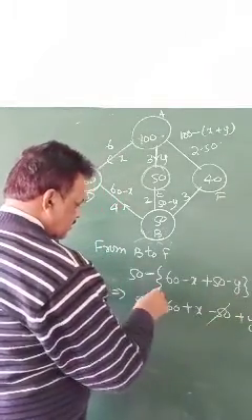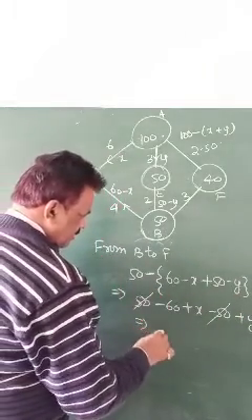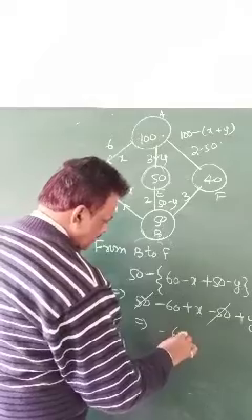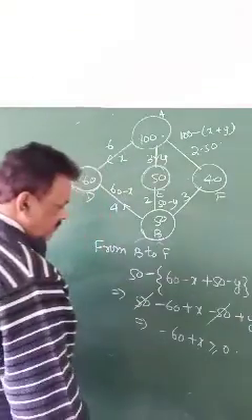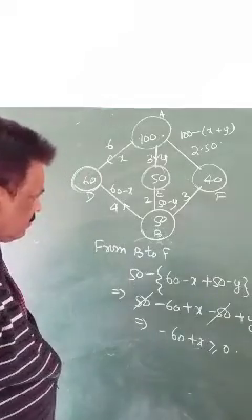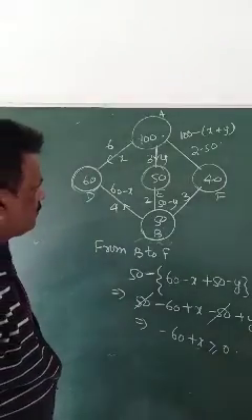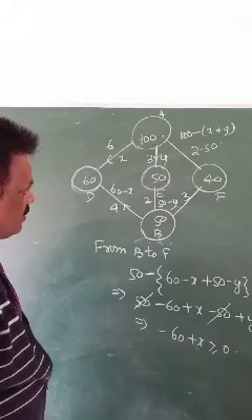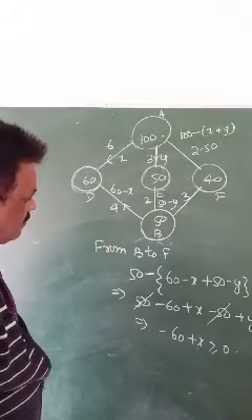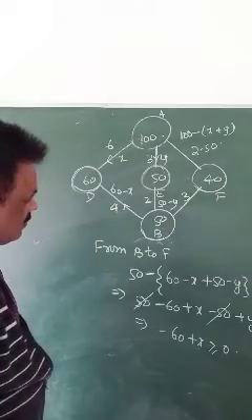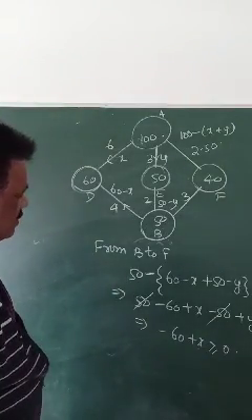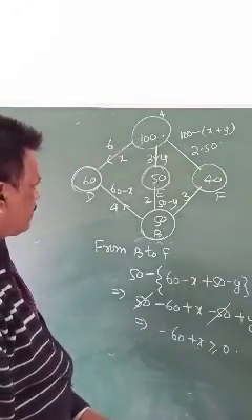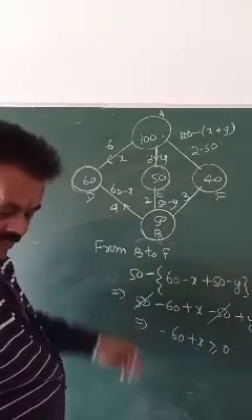So this is cancelled, minus 60 plus x greater than 0, so x is greater than 60? Cannot be. Where is the mistake? Check the question.